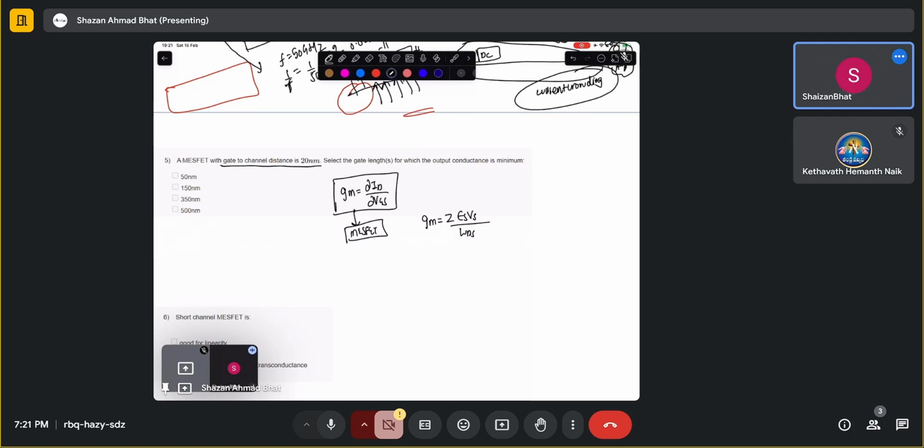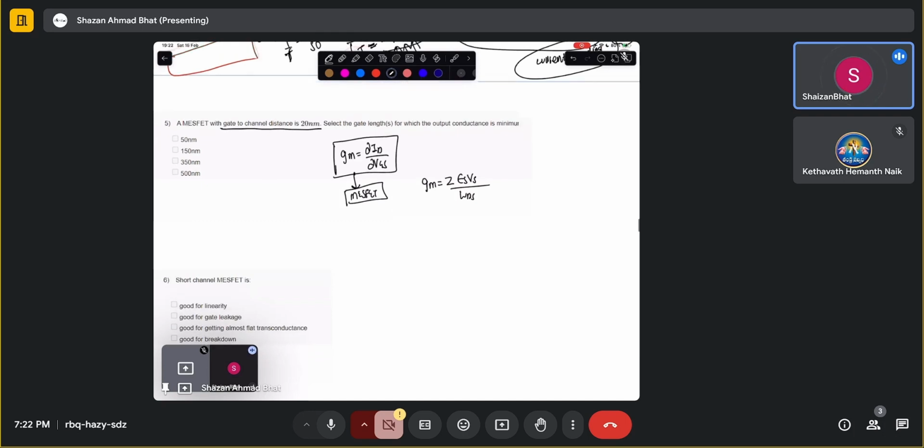Not here. Okay, these are certain dimensions of the device, but I don't know what symbols the professor has used. It would have been better if he had used W and L for the channel, but I guess he has used different symbols. Where is it? Just give me a moment. I don't want there to be a mismatch.